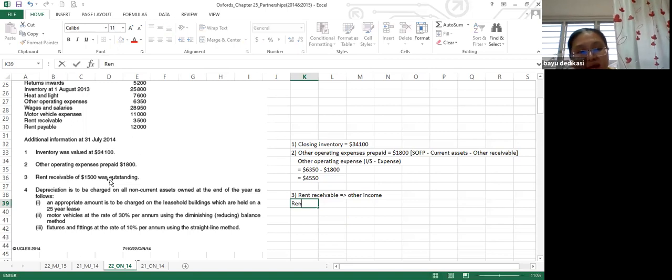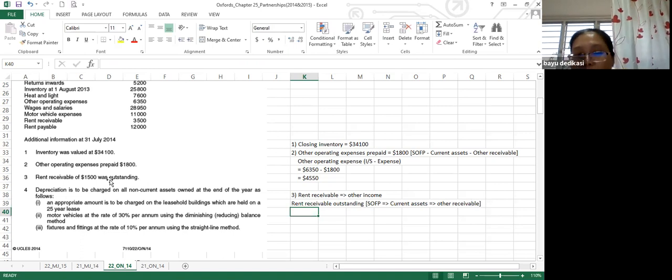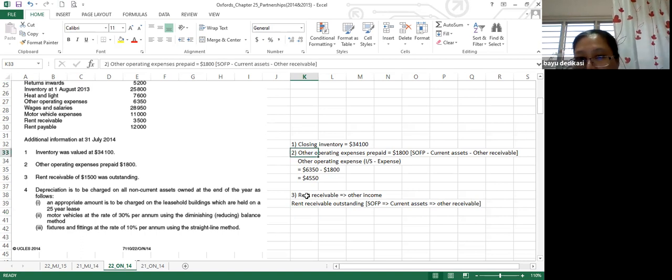So this rent receivable outstanding is under your SOFP. It will be a current asset, under other receivable. So when you later on prepare your income statement, take note that you have two amounts for this, to be put into the statement of financial position, current asset, other receivable.